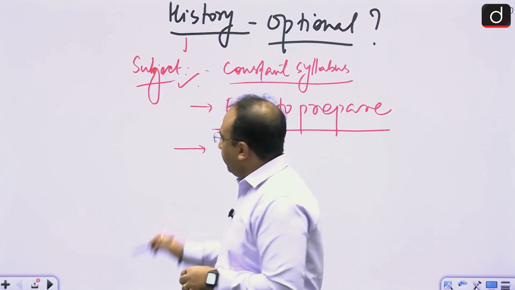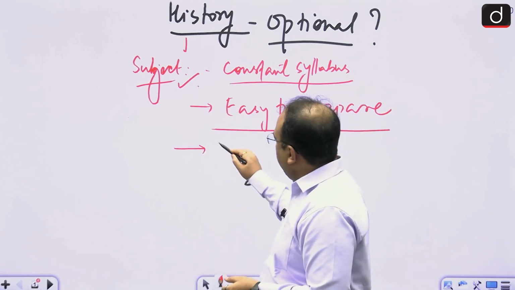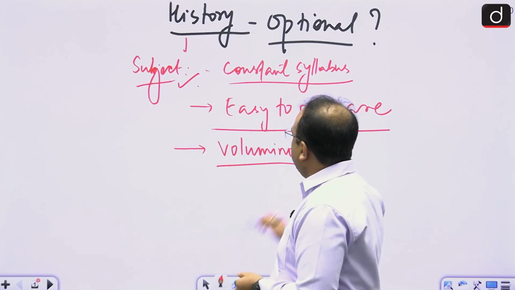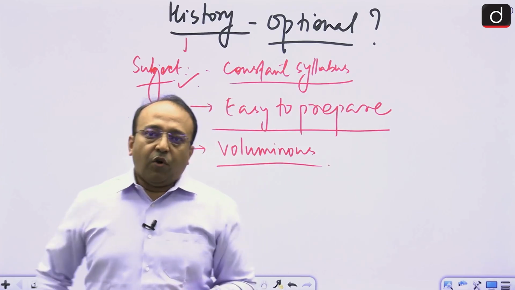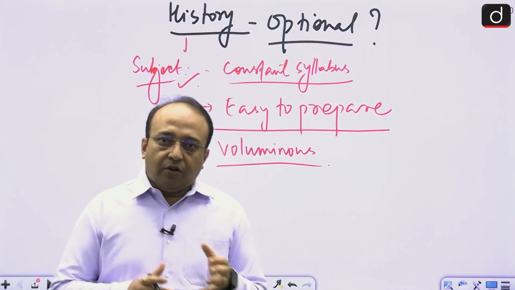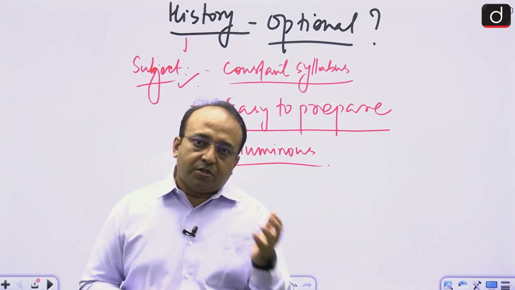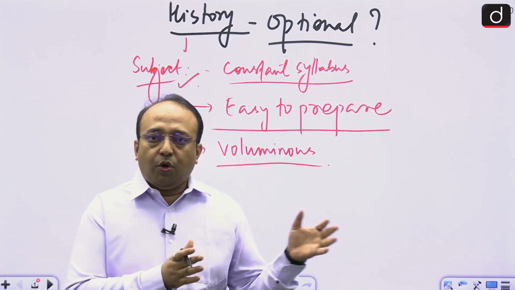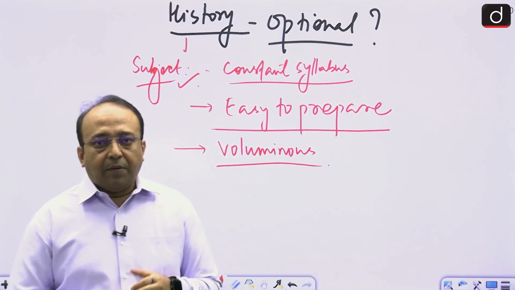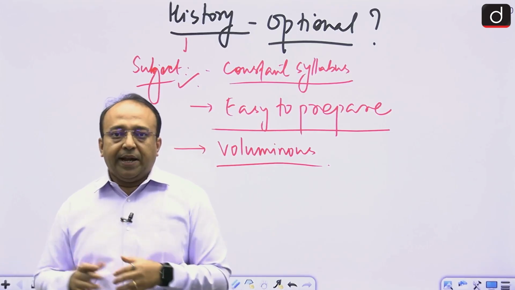Then you can also see that it is easy to prepare, but at the same time the syllabus is slightly voluminous. What I wanted to indicate to all of you is that the content of the history syllabus is quite big. Big why? Because we have to understand history in various domains, in various aspects. History of India can be broadly classified into ancient, medieval, modern and also the post-modern era.